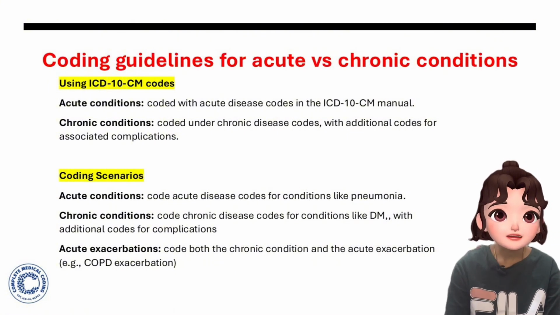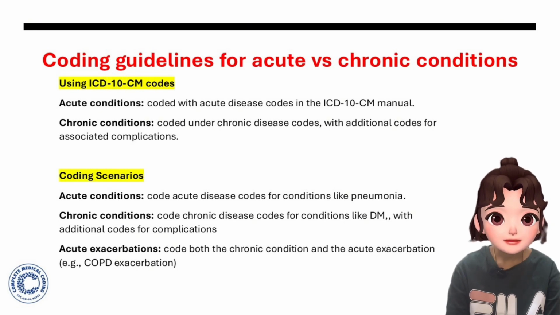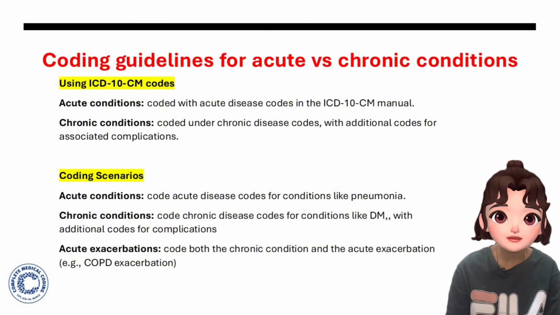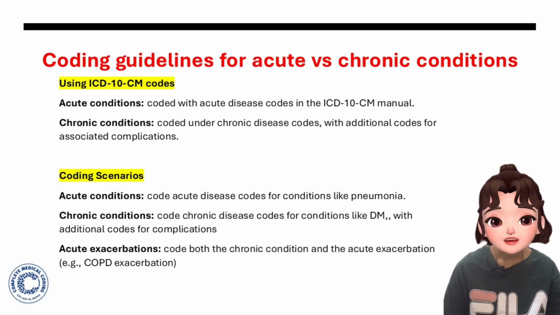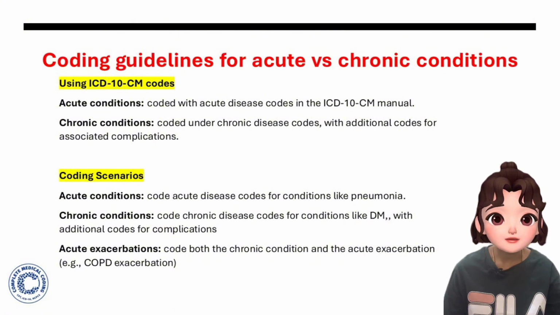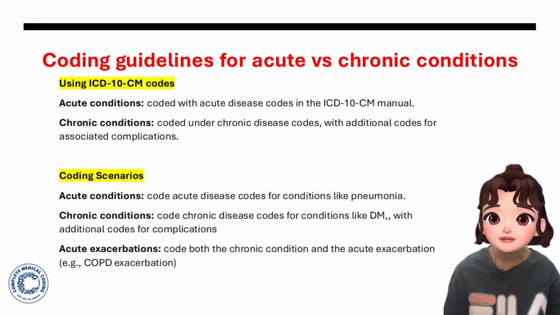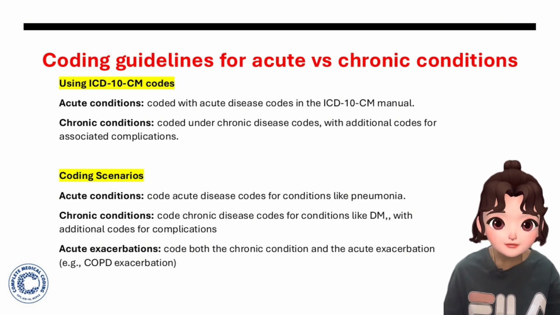So, using ICD-10 codes, acute conditions are coded with acute disease codes. In the ICD-10 manual, you can use the acute disease codes, whereas chronic conditions are coded under chronic disease codes with additional codes for associated complications. So, in case of chronic conditions, you have to always choose the chronic diagnosis along with, if there are any associated complications, you have to code the complications as well.